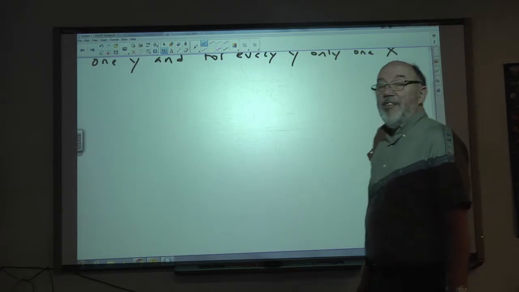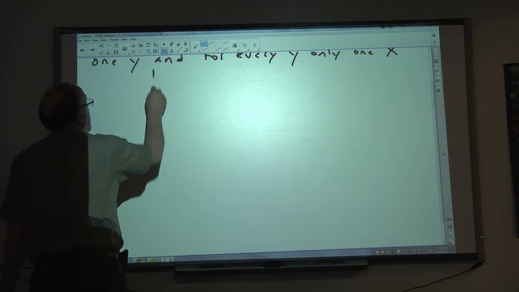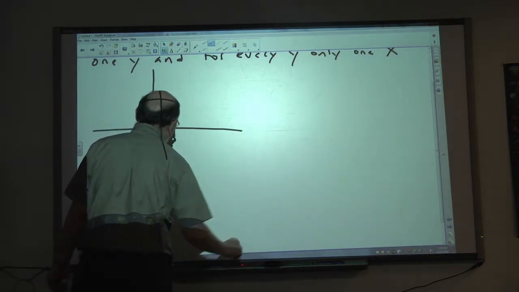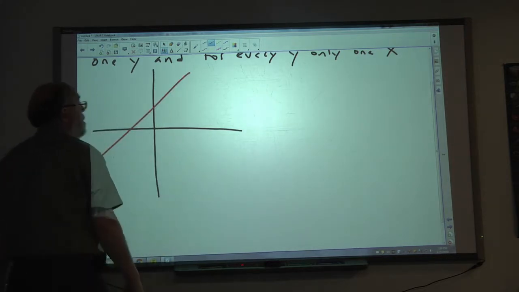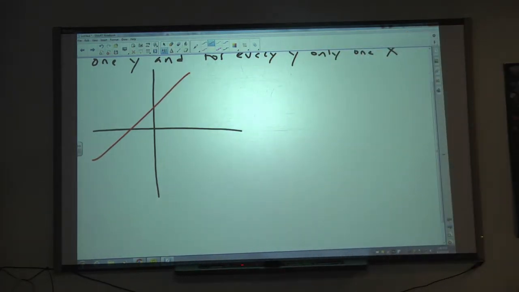So the way you can tell this by looking at a graph, we'll do the easy example first. That's the easy example. Right? That is 1-to-1. Right? And the way you can tell in terms of looking at a graph, so before we said to tell, remember my picture of the 4 graphs?